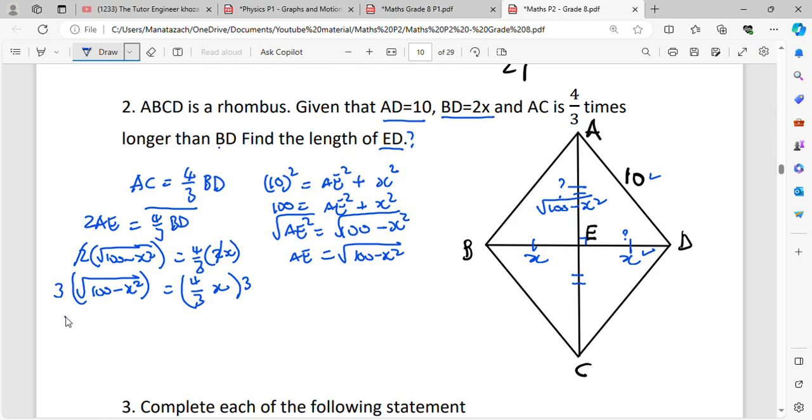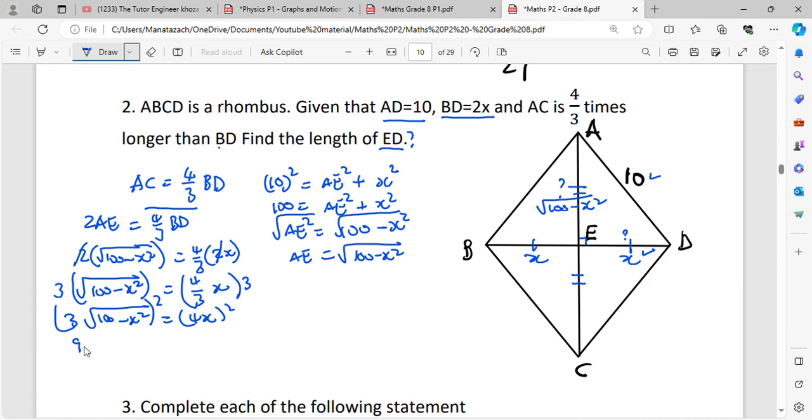It's going to give us 3 times the square root of 100 minus x squared is equal to 4x. Then to get rid of the square root sign, you can square both sides.